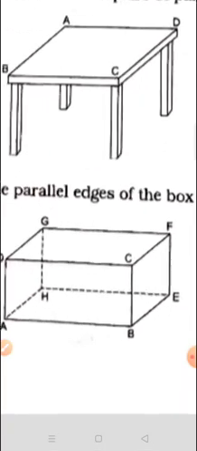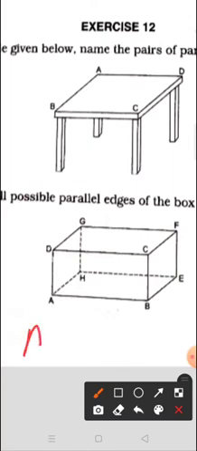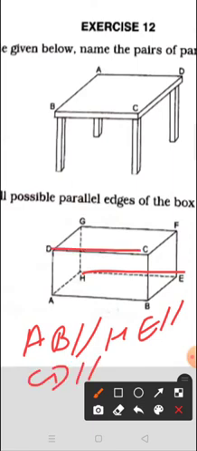So, how do we do it? I take AB. Its parallel is HE, its parallel is CD, its parallel is GF. These all are parallel to one another.